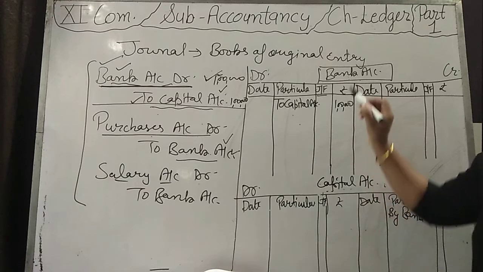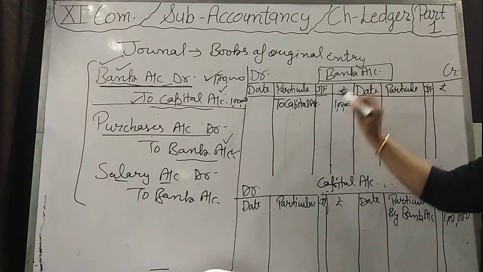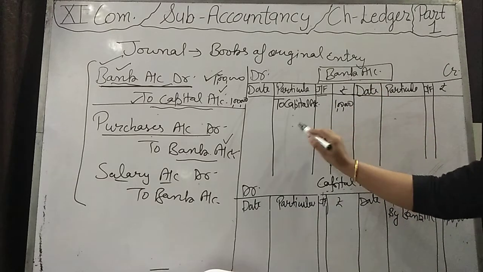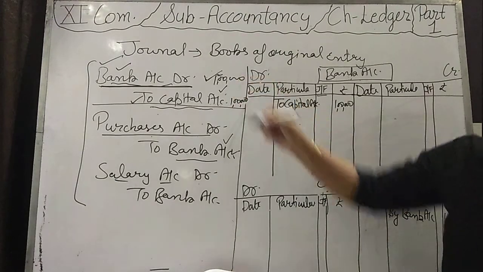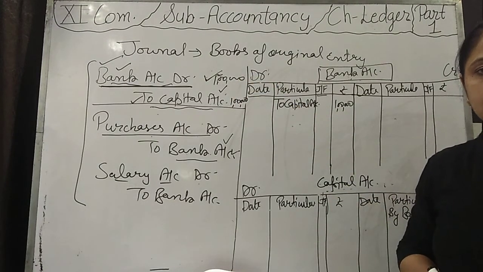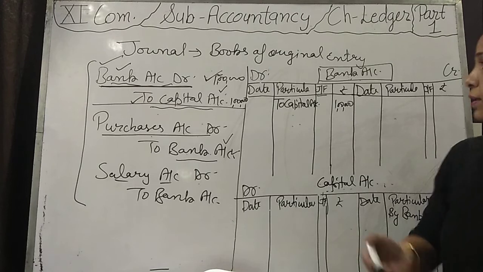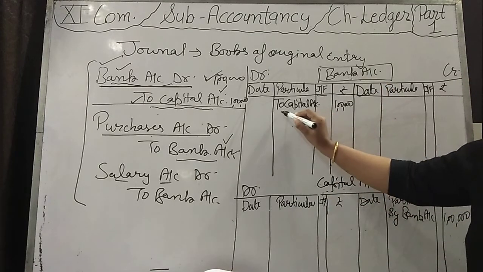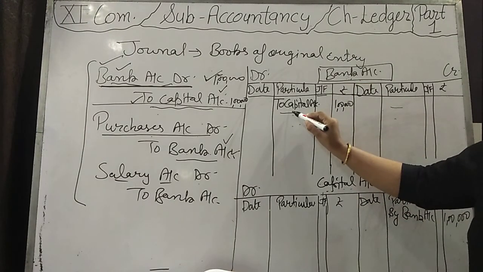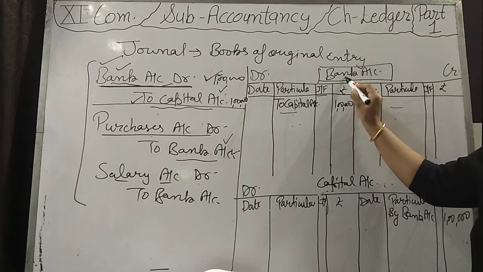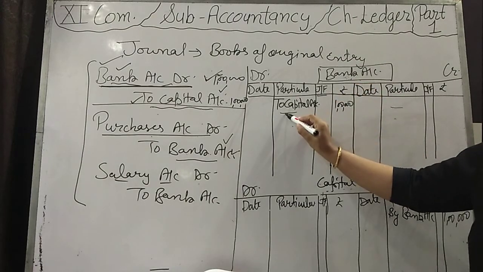For example, this is bank account. So in its debit and credit side, bank account will not come anywhere. Have you seen any journal entry that says bank account debit to bank account? No. So like this, in bank account, to bank or by bank will never come. We will write, if in any journal entry bank account is debit, then on the debit side we will write the credit account.